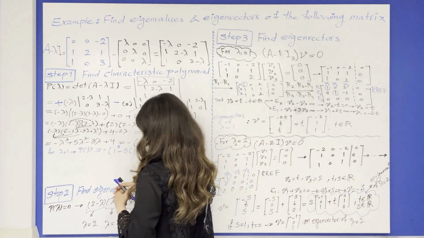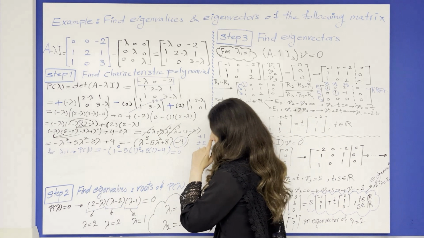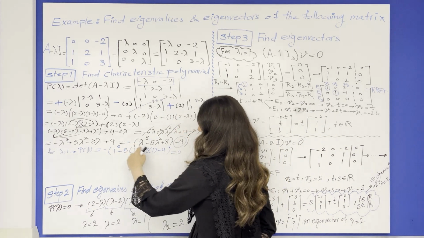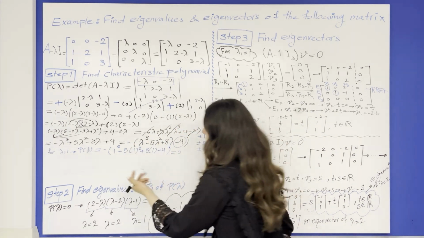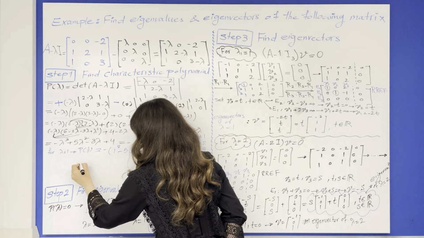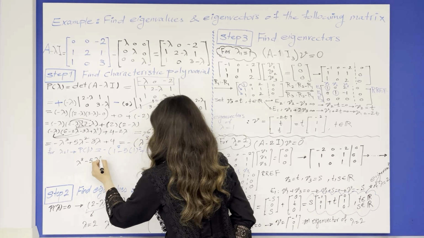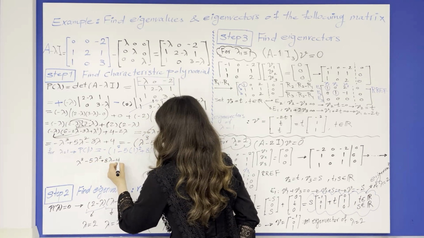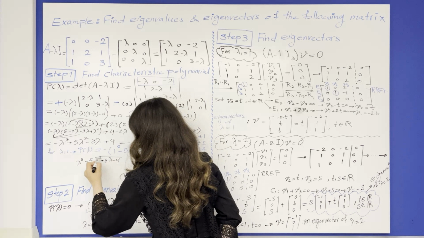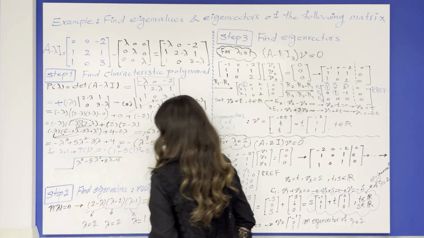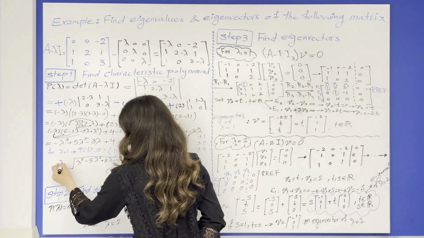What I'm going to do, I'm going to divide the polynomial, the characteristic polynomial, lambda cubed minus 5 times lambda squared plus 8 lambda minus 4. I'm going to divide it by lambda minus 1.